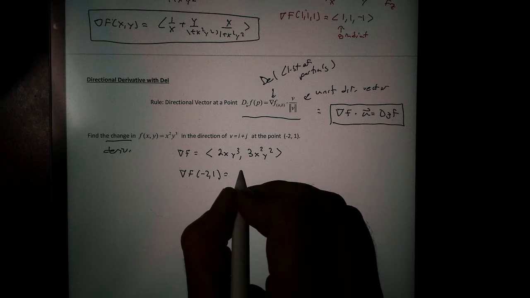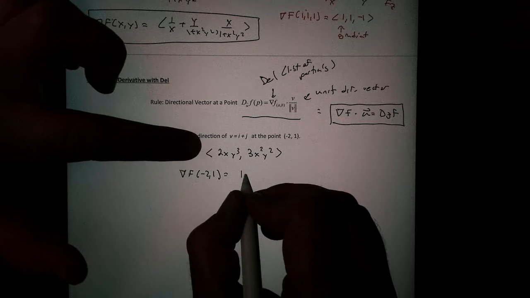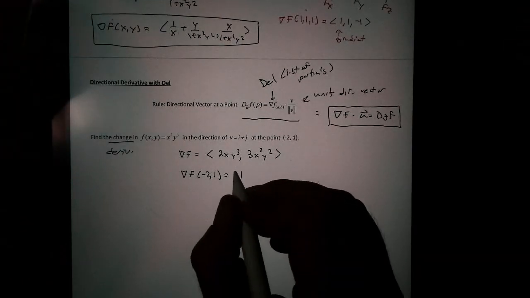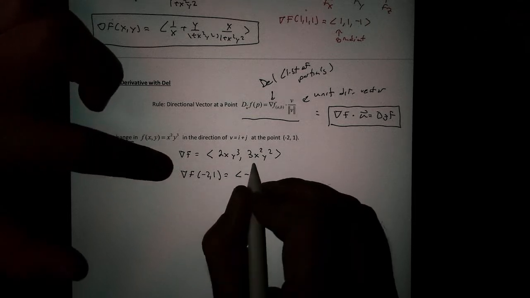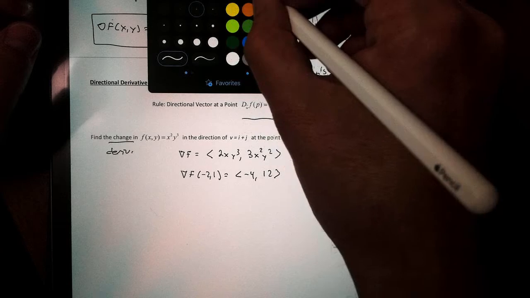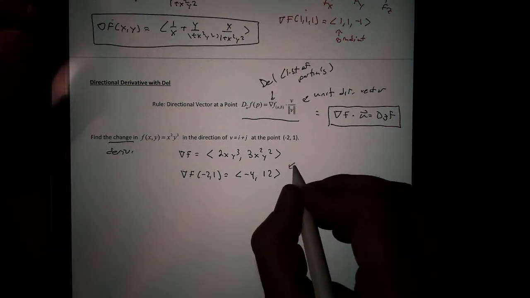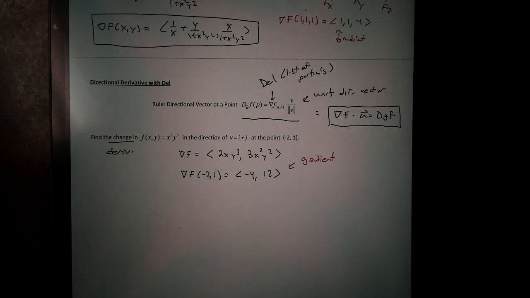If I plug that in, here we would get negative 4. Plug in negative 2 here, we would get 12. Now, you might recall, we have a special name for this. This is what's called the gradient. And the gradient gives us the direction of maximum increase.